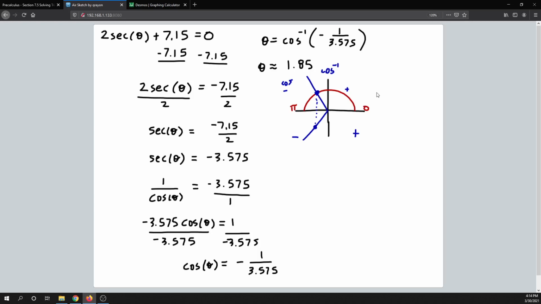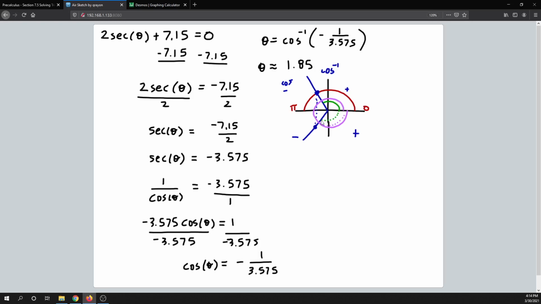If you look at it, this is the angle that we got. 1.85 is this angle right here, which is going to be the same as this angle right here. So that would be similar to going all the way around the unit circle, and then going back by this angle, which will take us right back to here.